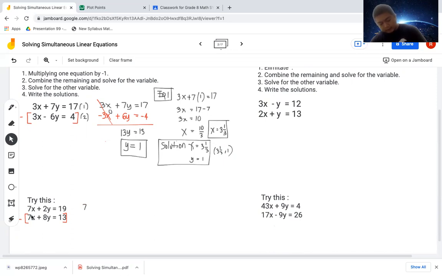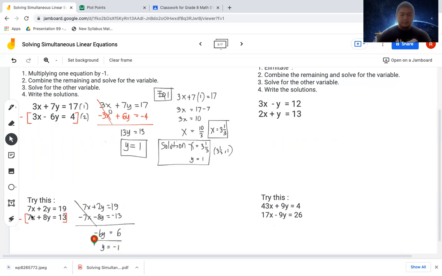And then minus 7x plus minus 8y is going to give us minus 13. The x terms cancel out. Minus 6y is the answer here, and this one is going to give us 6, meaning the value of y is equivalent to negative 1.